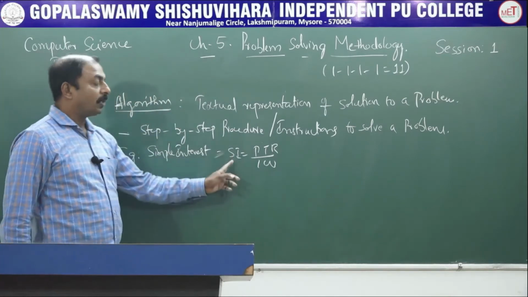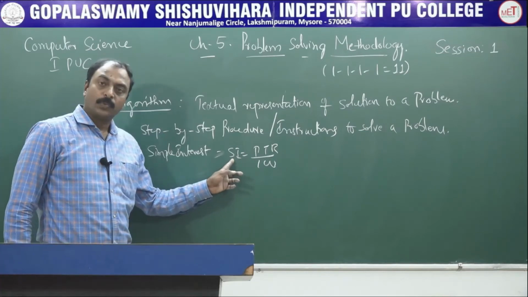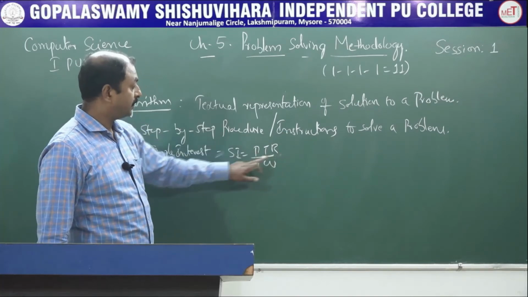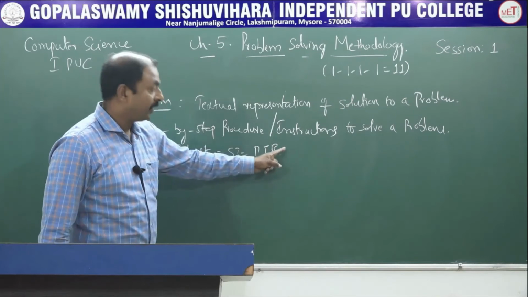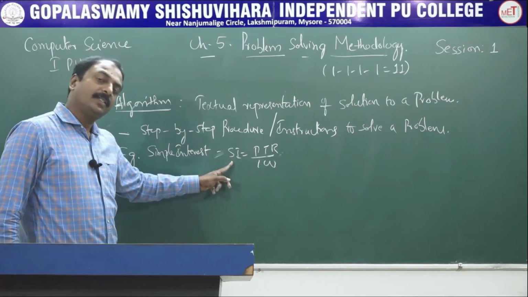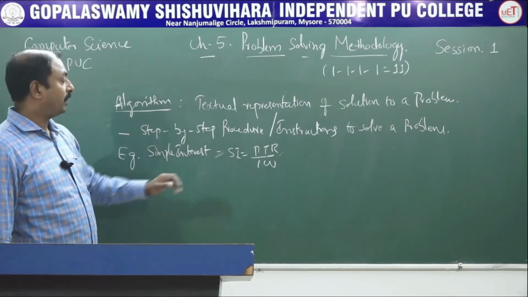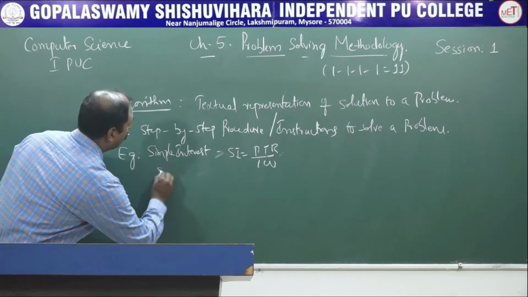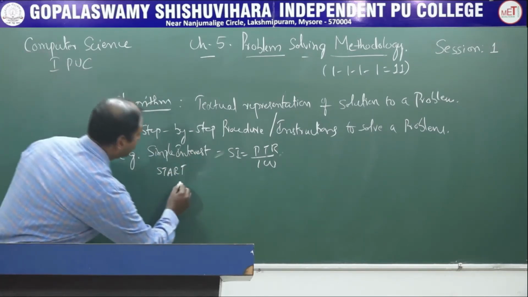In order to get simple interest, the user or the programmer must enter the values of P, T, R, that is principal, time, and rate. Then multiply all these, divide by 100, and you will get the simple interest. The same thing we have to write in text, step by step. That is an algorithm. For example, first we will start an algorithm. Here, step 1.